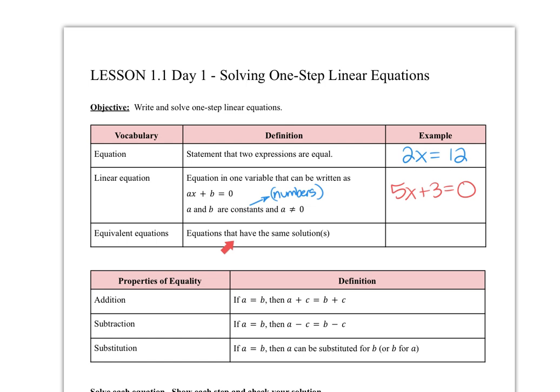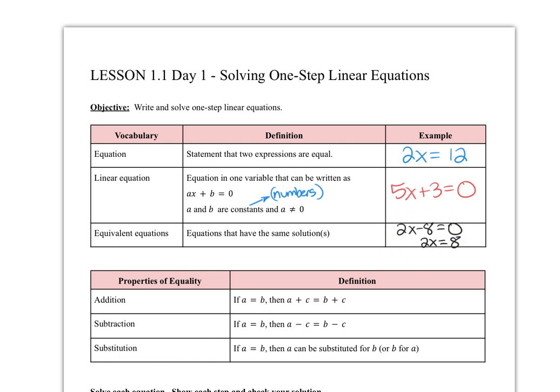Equivalent equations: equations that have the same solutions. So, for example, 2x minus 8 equals 0 has the same solution as 2x equals 8. The solution for x is saying if you replace x with the same exact number, both would be true.